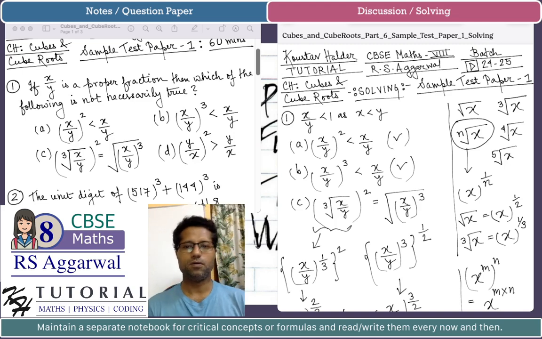In the next video, I will prepare sample test paper number 2, as I always prepare 2 test papers after completing a chapter. So the next video will be sample test paper number 2, and I will solve it. That will cover the 2 test papers on the chapter of cubes and cube roots, and after that I will keep on preparing and solving 10 good problems in the playlist Maths 8 Hot.